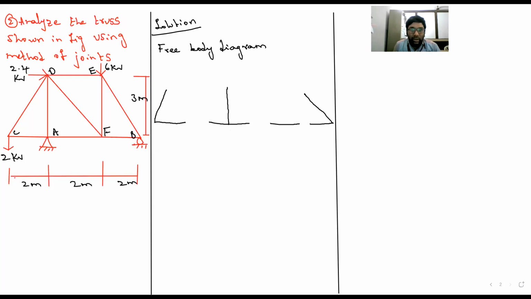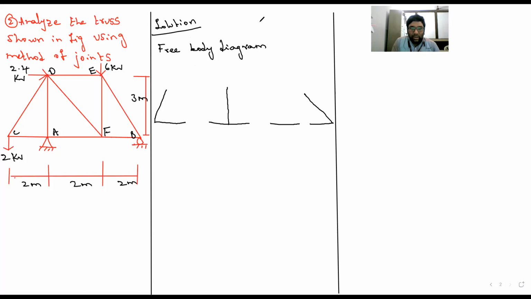Every joint should be carefully looked into. We cannot overlook any joint here. Every joint is equally important. Because see the joint D here. This will connect here. This will connect to F somewhere. And it has to connect to joint A also.